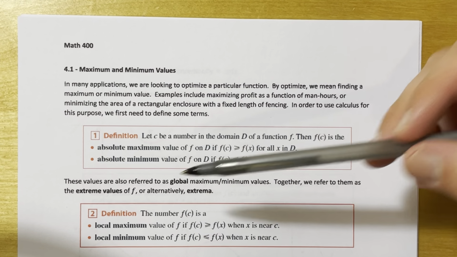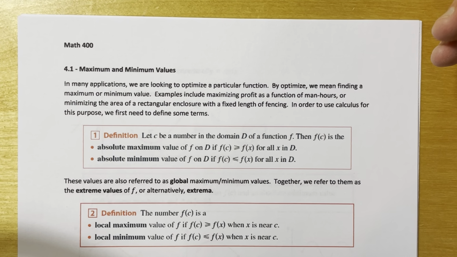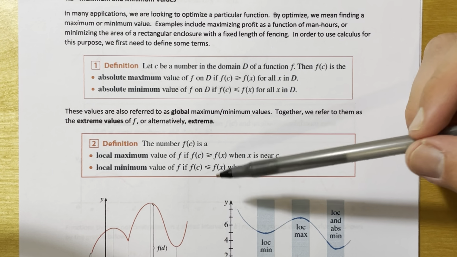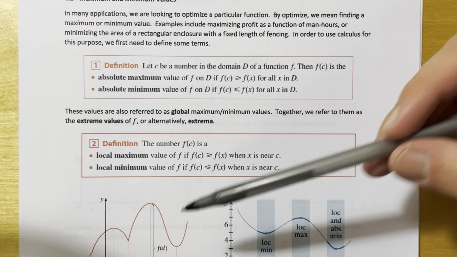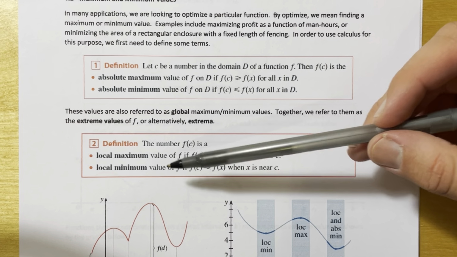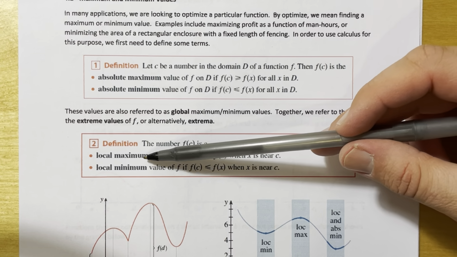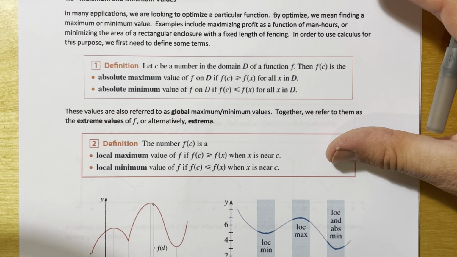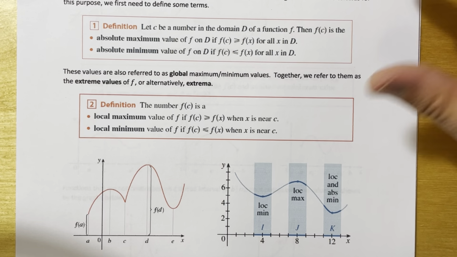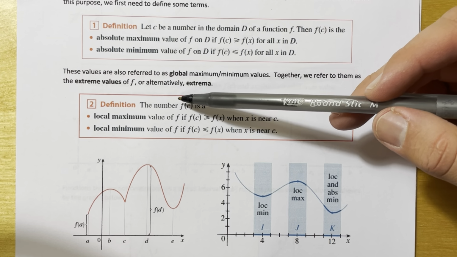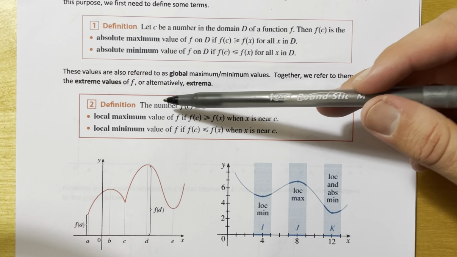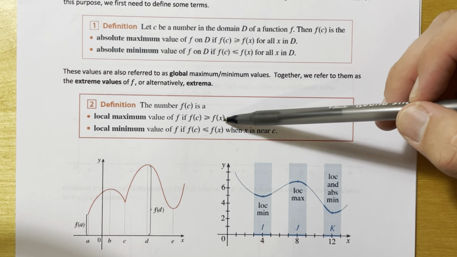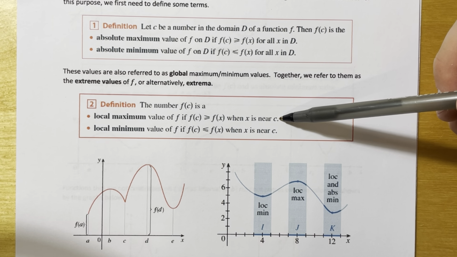Now, absolute maximum and absolute minimum are one type of maximum and minimum value that a function can attain, but we also talk about another kind of extrema. These are local maximum and local minimum values. We'll look at some graphs to see the difference between those two things. But to define this, we say that a number f of c is a local maximum value of f if f of c is greater than or equal to f of x when x is near c.